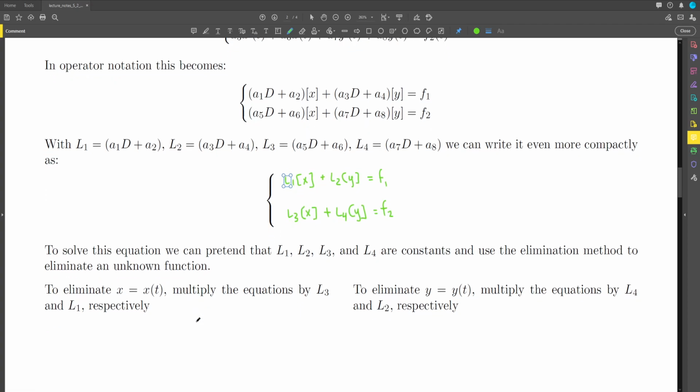So if we want to eliminate x of t, then what we can do is multiply the first equation, which is L1 of x plus L2 acting on y equals F1, by L3.